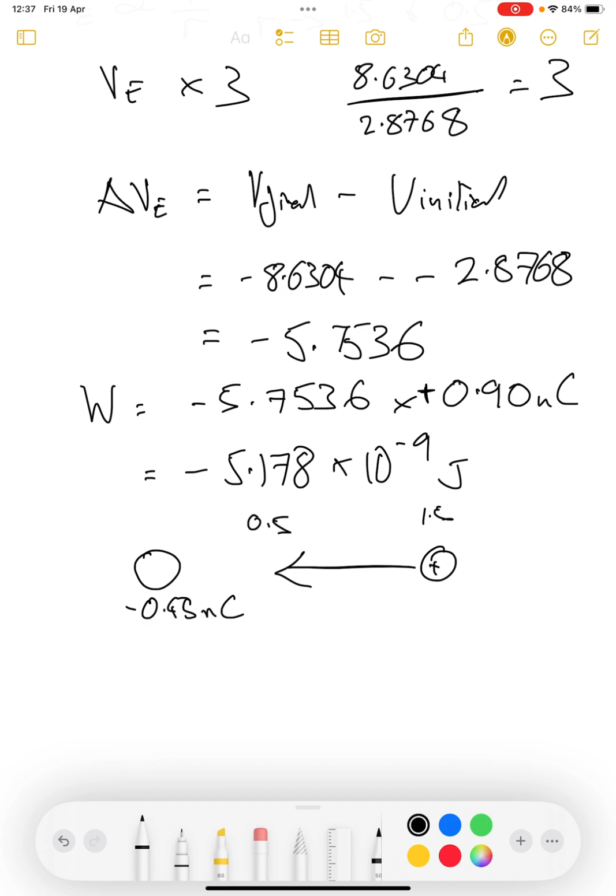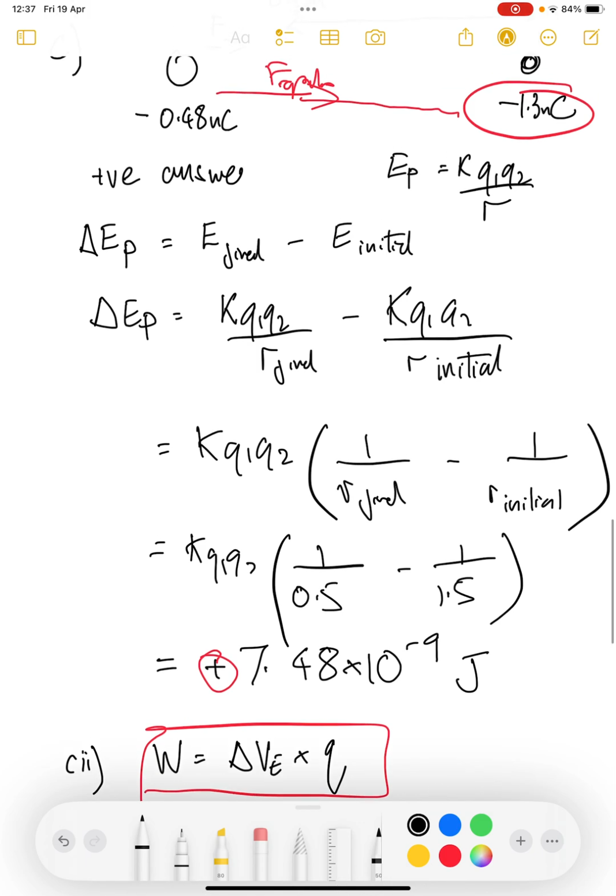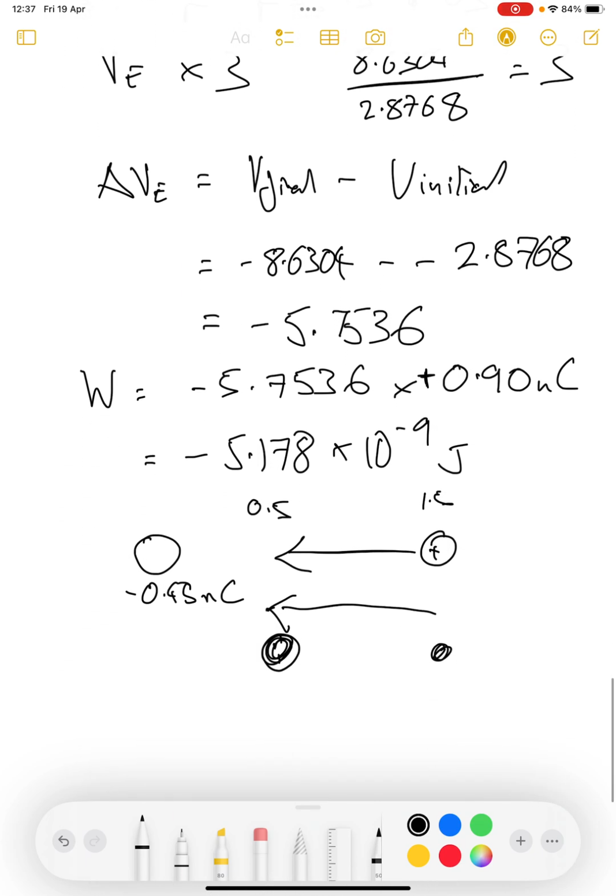So this is why we're at minus 5.178 times 10 to the minus 9 joules. Because here, there isn't energy being stored in the system, it's the opposite, it's going away. So there's less energy here than there is here than there is there. And that's why you've got a minus 5.178 times 10 to the minus 9. So anyway, that was a slightly different approach. But we got, for C1, we got plus, and for C2, we got a minus.